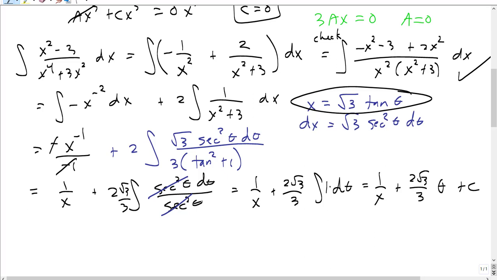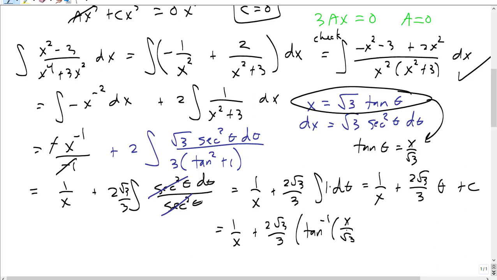And then, we said tangent of theta is x over root 3. So this becomes 1 over x plus 2 root 3 over 3 tangent inverse of x over root 3. I had said that 1 over x squared plus 3 looked a lot like 1 over x squared plus 1, which is arctangent.